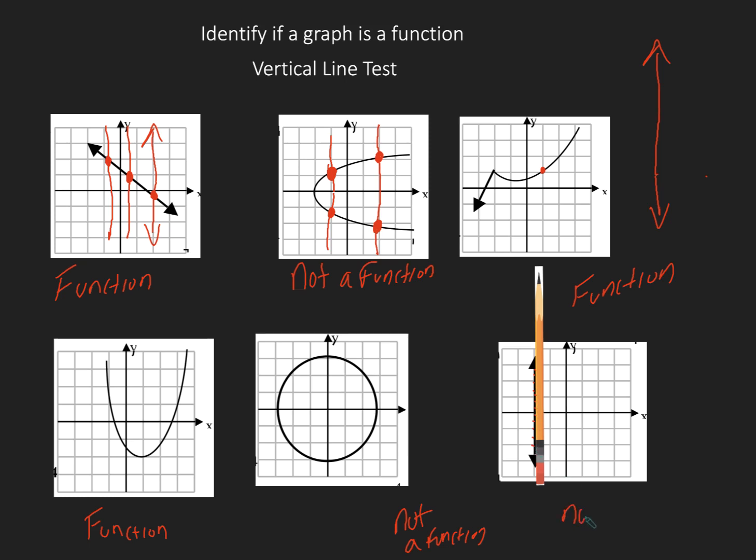Therefore, this is not a function. Usually when students get a vertical line as their graph, they're a little bit confused because they always ask me, where do I put my pencil or where do I draw my line? I say, well, the vertical line is your graph, so you're putting your pencil on top of it, and notice that your pencil is touching every point on your graph, therefore it's not a function.